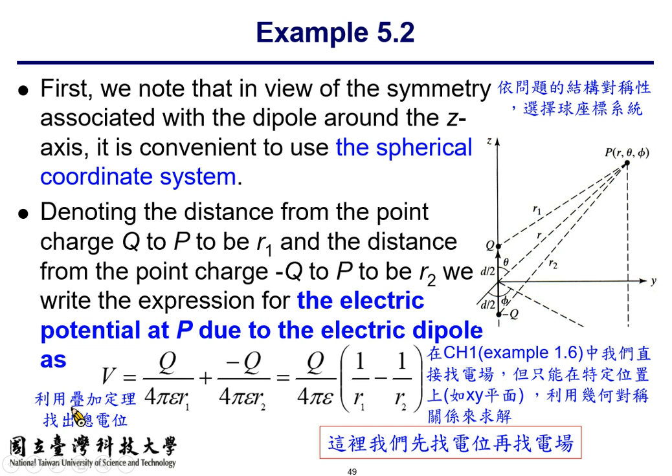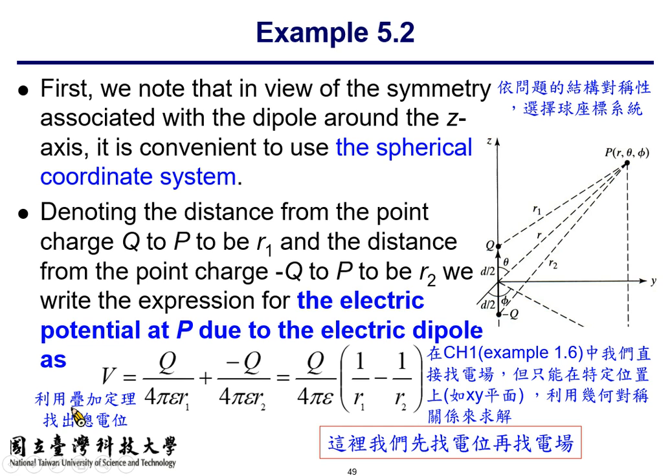So you end up with this thing. In front it's Q over 4 pi epsilon, and in the rear is 1 over R1 minus 1 over R2.